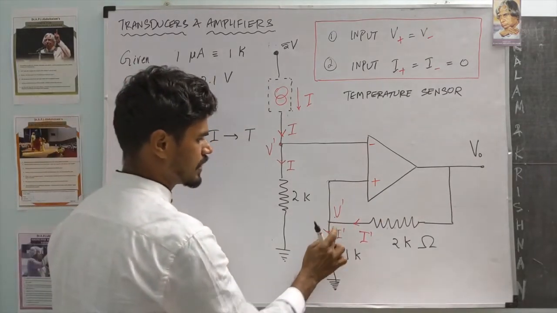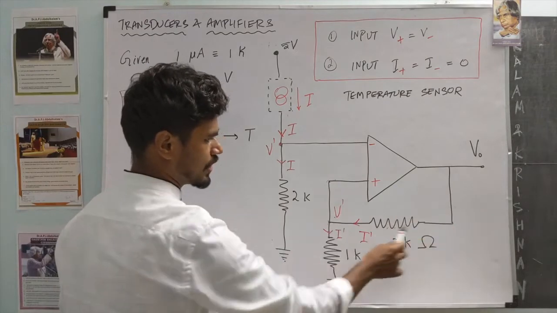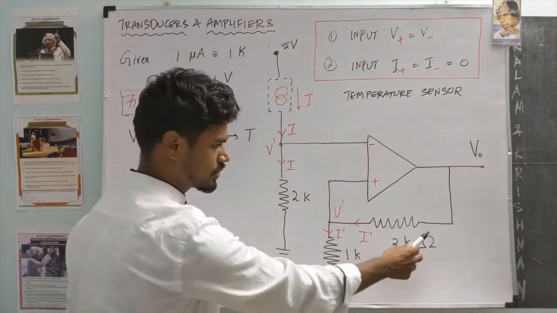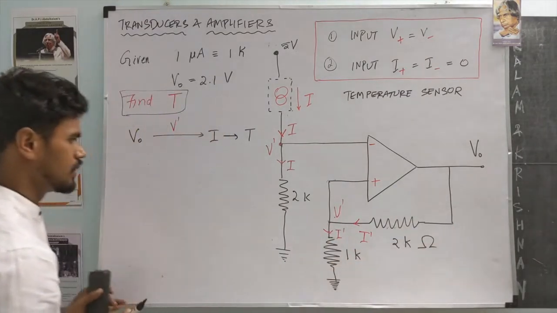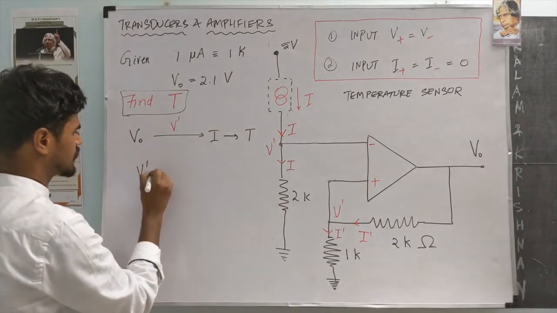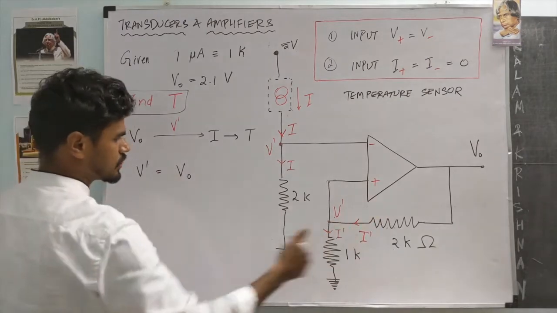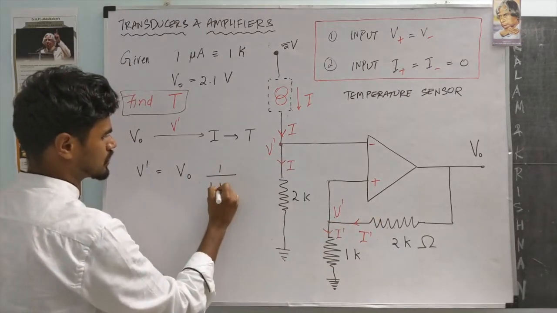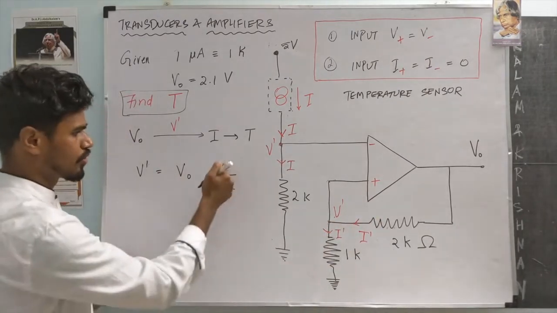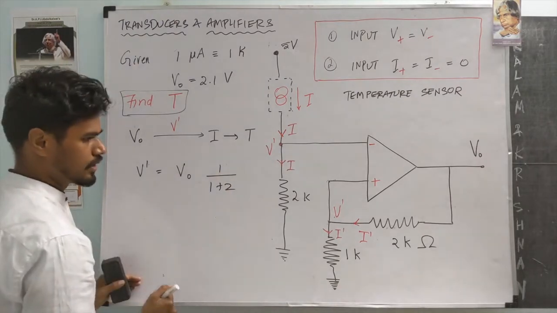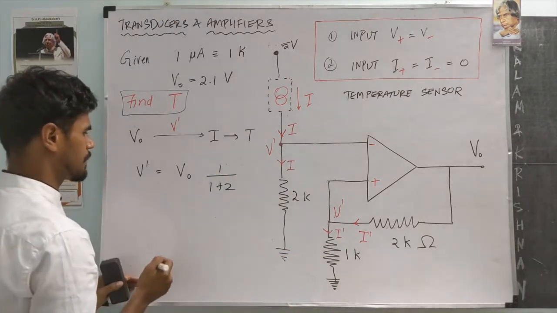Whenever that is the case, the voltage gets divided based on the ratio of these two resistors. So V dash will be the total V naught, split based on these two resistors: 1 by 1 plus 2. Both of them are in kilo, so the unit doesn't matter.